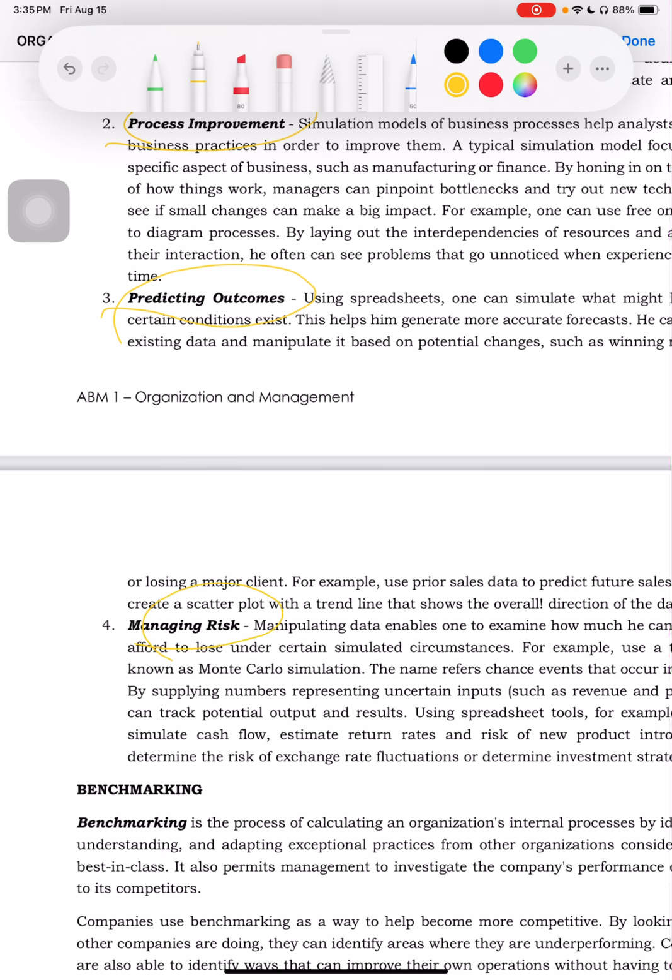Okay. Then this one is benchmarking. Benchmarking is a process of calculating the organization's internal process and identifying and understanding the practices from one organization considered to be best in class.